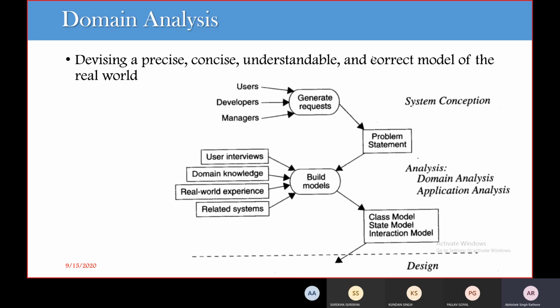Going through this diagram, first you have some users, developers, and managers. They sit together and identify the different requirements. Then we have domain experts, users, and developers who read all those requirements, and on the basis of them we generate problem statements.